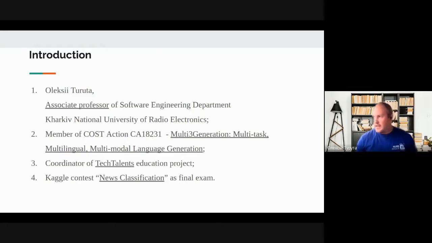It provides me a lot of resources and networking for my research interest. At the same time, I am coordinator of the Tech Talents educational project in Kharkiv. We provide a lot of opportunities for students of Kharkiv University, and we provide extra courses. Last year we had courses on computer vision and natural language processing, and for the final exam we offered a contest on Kaggle.